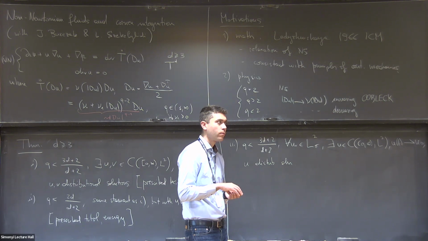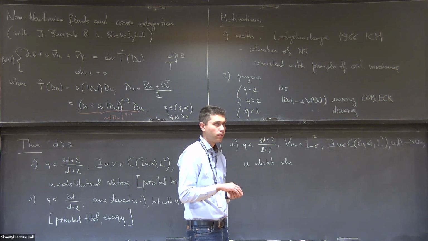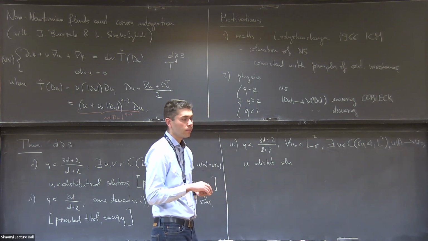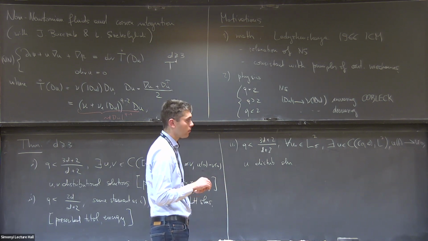That's what I mean by weak strong. That's true even for Euler. It might be true everywhere in this case. But you need one solution which is strong. Yes, you're starting from a strong solution, so you're assuming that.